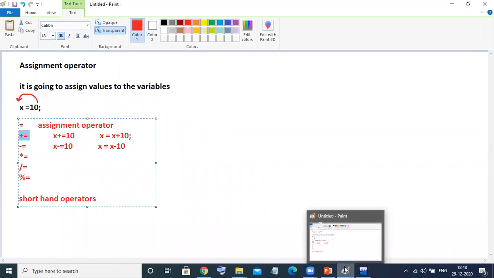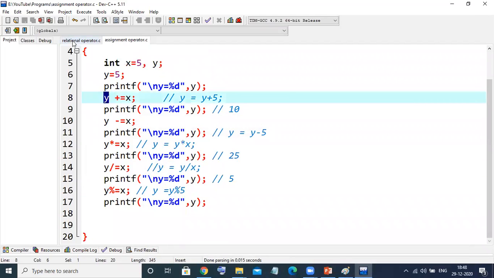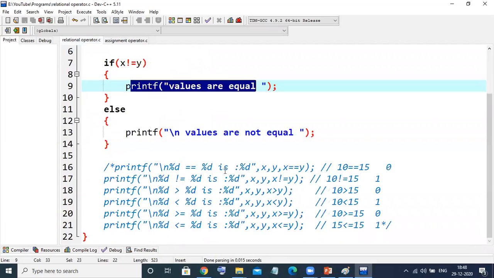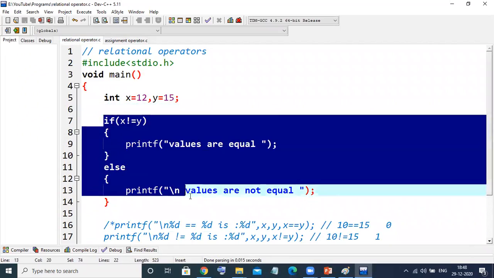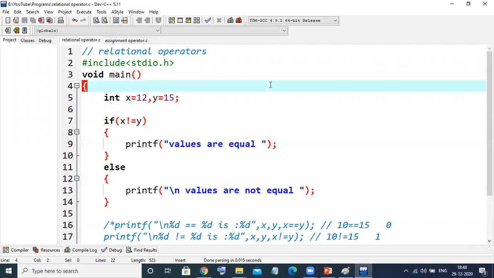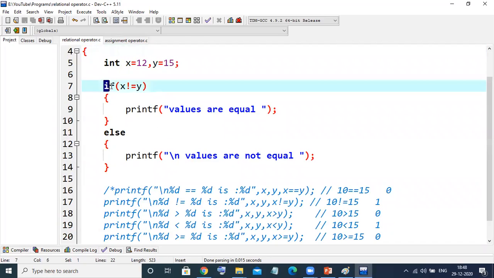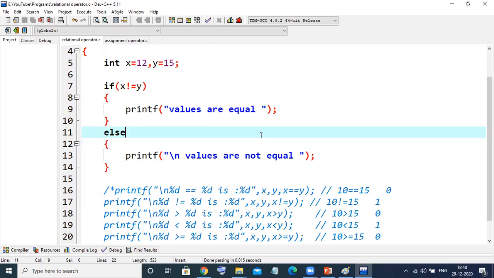One is the relational operators. Mostly relational operators are used to check the relationship between two operands and the result is either true or false. True means 1, false means 0. Mostly they are used in control structures, either in selection statements like if else or any looping statements.